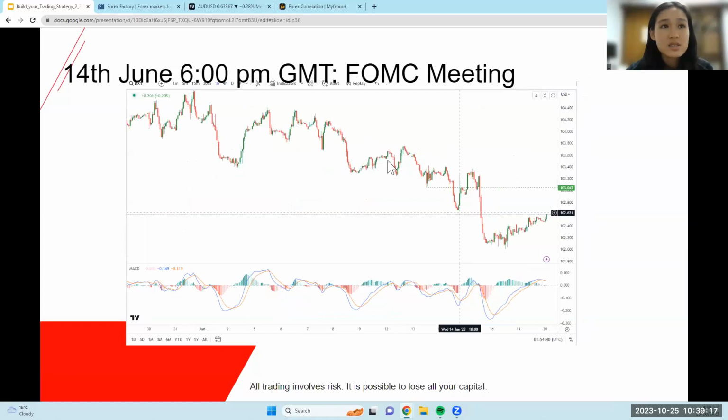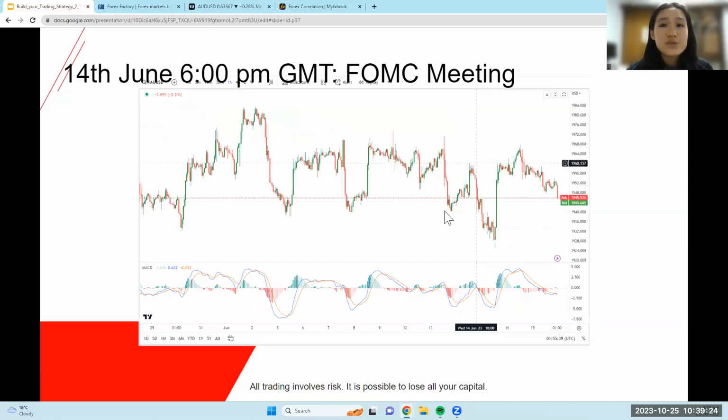Oh, yes, this is the DXY. Because I mentioned earlier that they tend to be negatively correlated, you can expect price to drop for our gold at the same time. And you can see here that it is a little bit laggy, because the drop really happened a little bit earlier, but our MACD was only able to catch it a bit later.